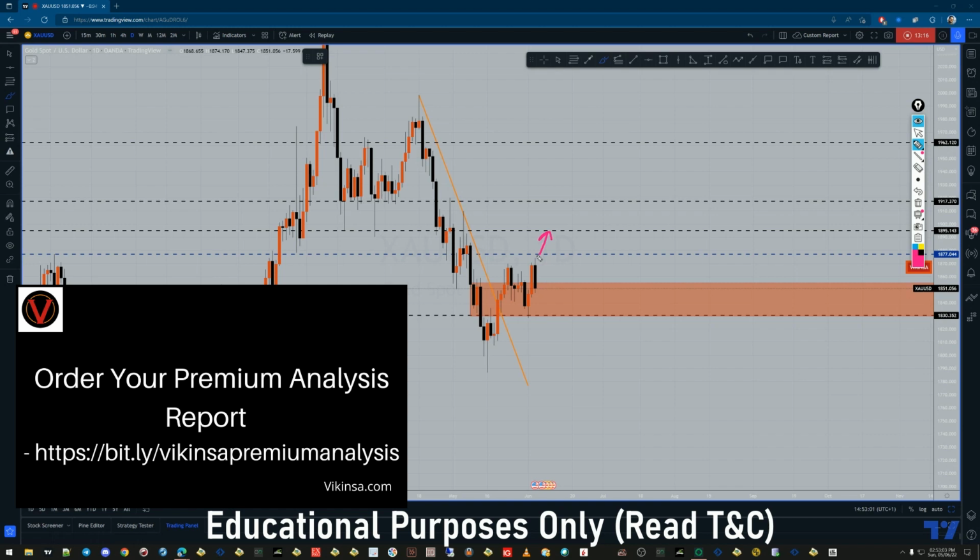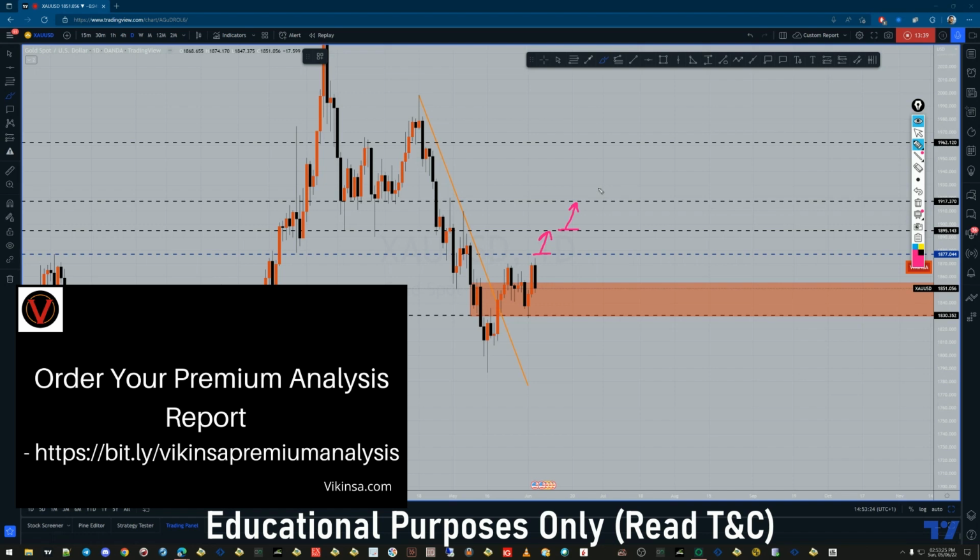Take one step at a time. If you get a confirmation above this, then you will take the long and you will reach this level of 1895.143. If that is also broken, and if you get continuation confirmation, then you will keep holding that trade, or you will take another long trade, and that will approximately reach 1970.370.